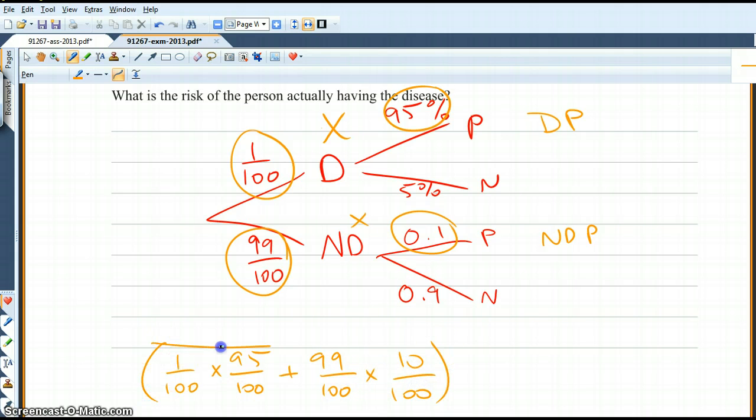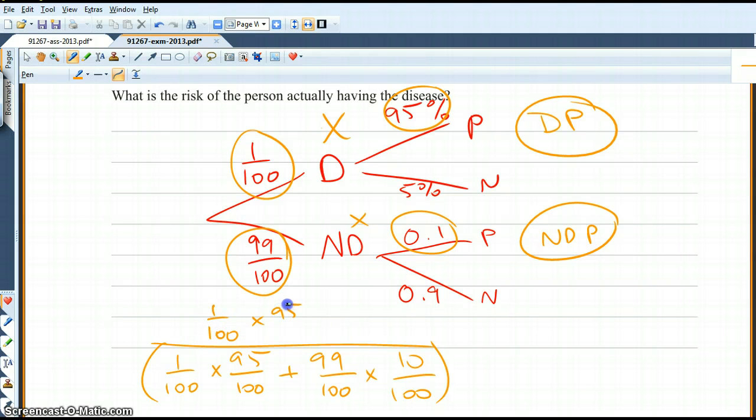That's the probability of them getting a positive test. But if they're 1 over 100 times 95 out of 100, that's the risk of them actually having the disease. So let's pop that in the calculator.